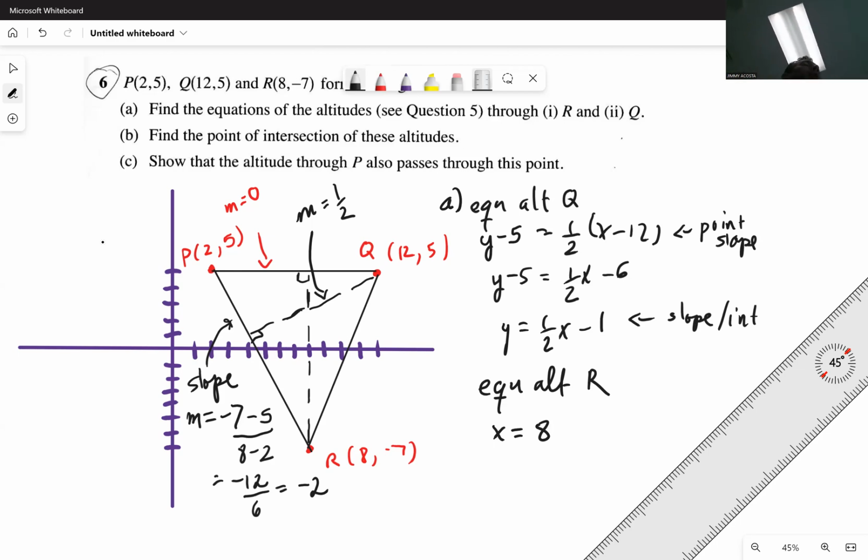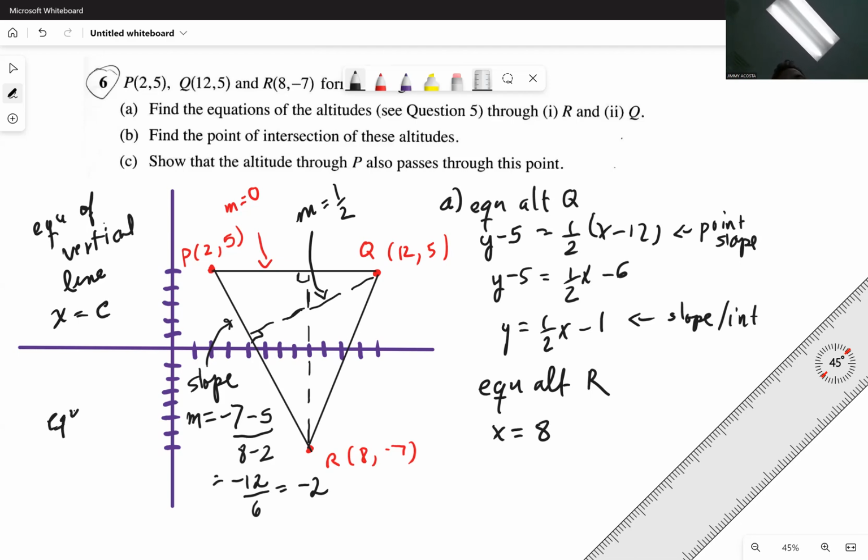Remember, the equation to vertical lines. I'll write it over here as a note. Equations of vertical lines are always x equals some constant.